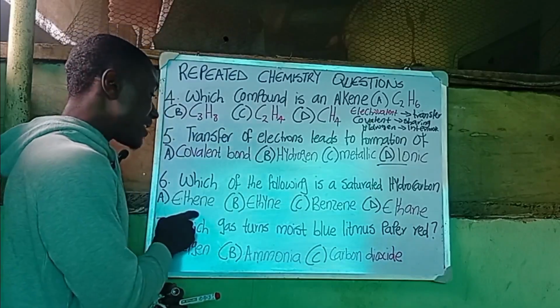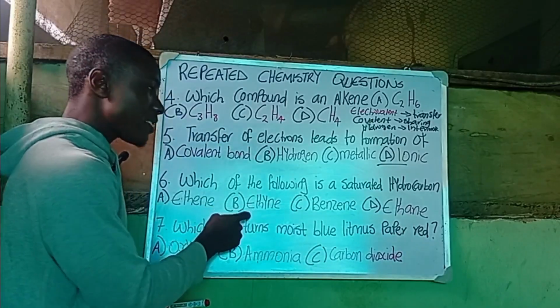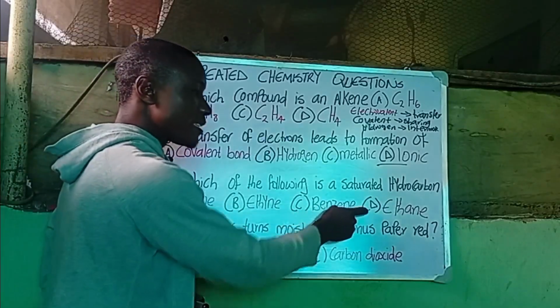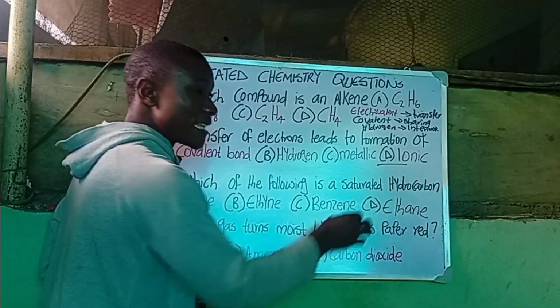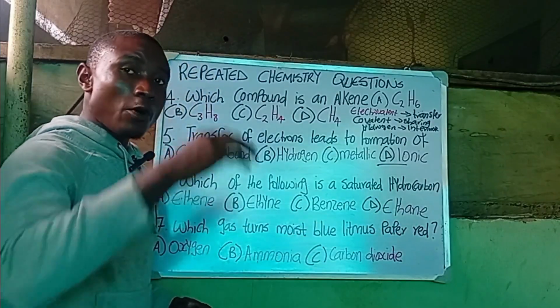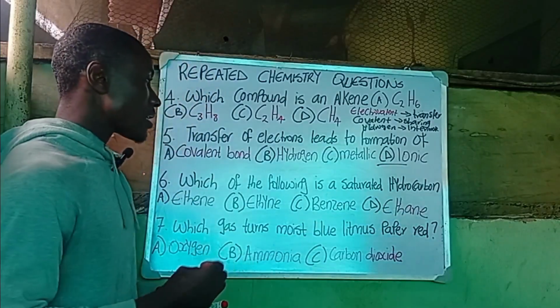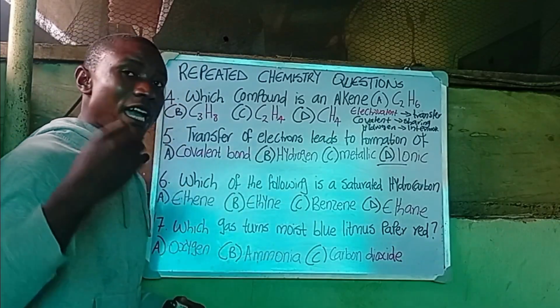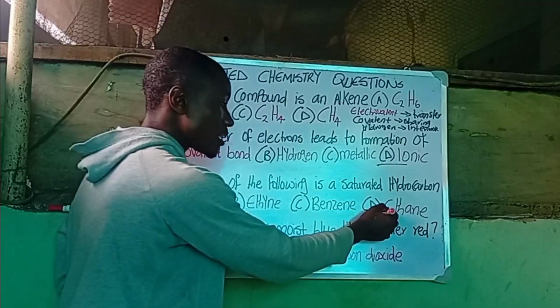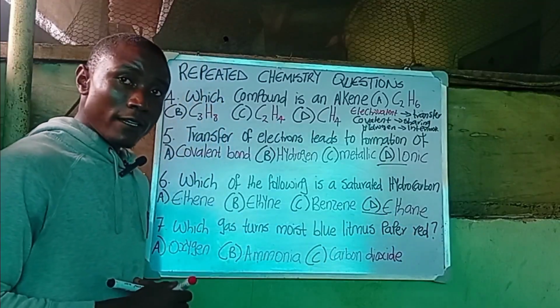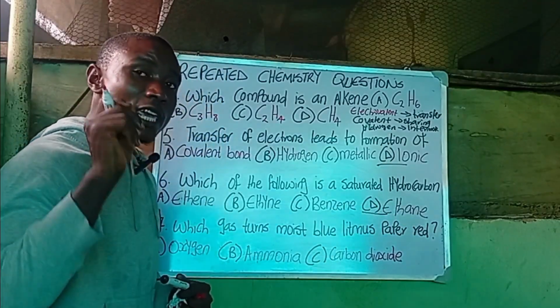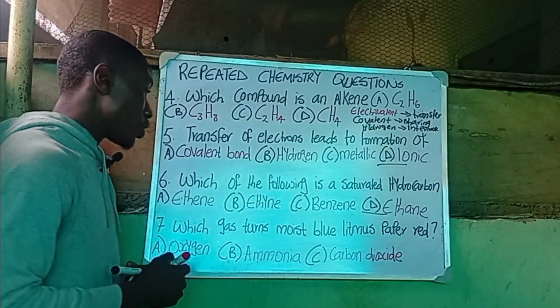We have A, ethene, B, ethyne, C, benzene, and D, ethane. Ethane is a member of the alkane family, so the option is D, which is ethane. That is for question number 6.